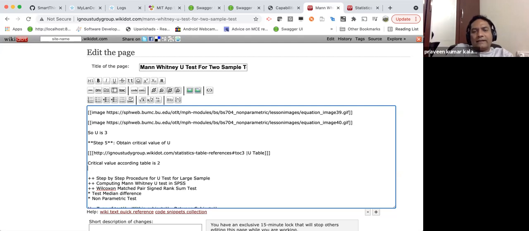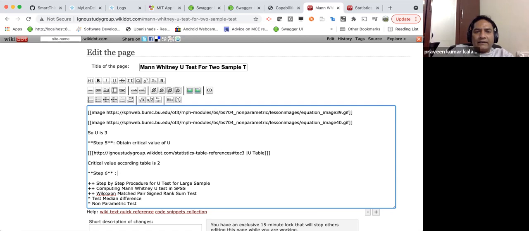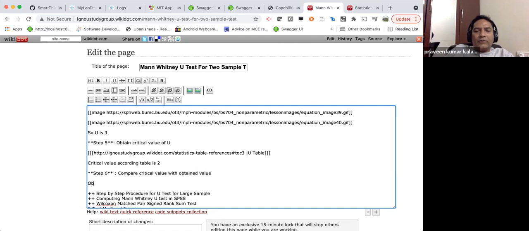Now you are going to compare this critical value with the obtained value. The obtained value is 3, which is greater than the critical value, which is 2.